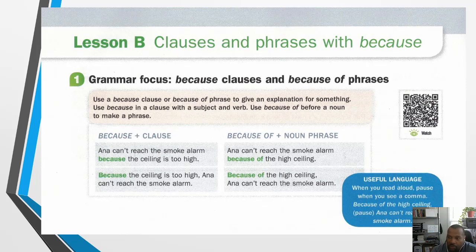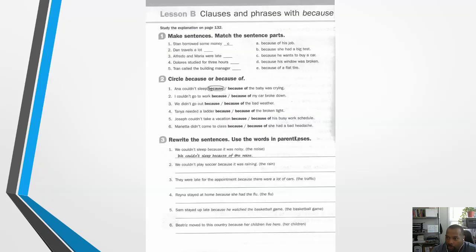If we look in our workbook, the white book, we can look on page 32, right? And now we can start working on answering some questions and practicing. All right. So let's jump into that.